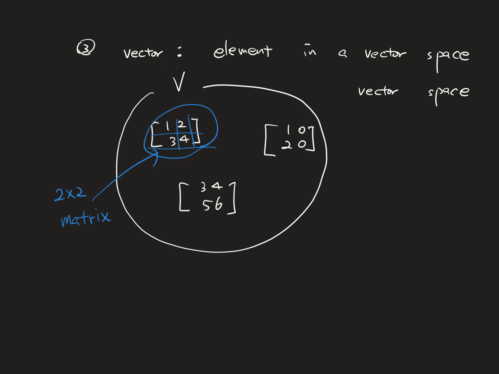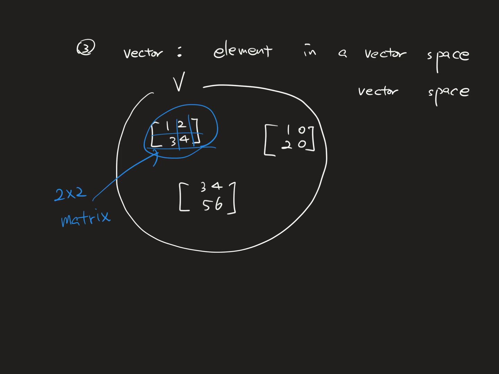So this 2 by 2 matrix is an element in a vector space. So in this case, a matrix is a vector. This is an abstract definition, and in a mathematics major you're going to learn this. But in engineering courses, maybe you don't learn this.